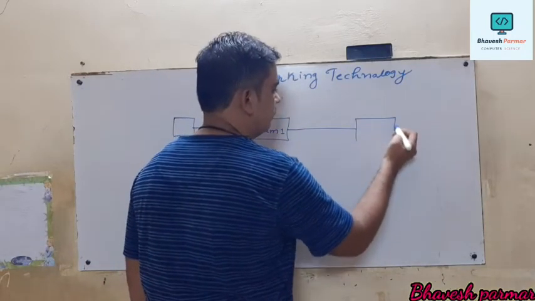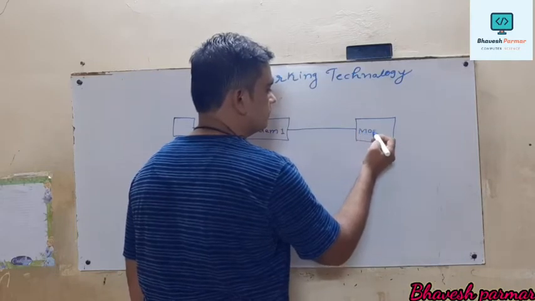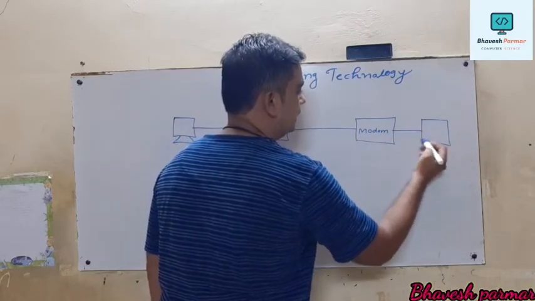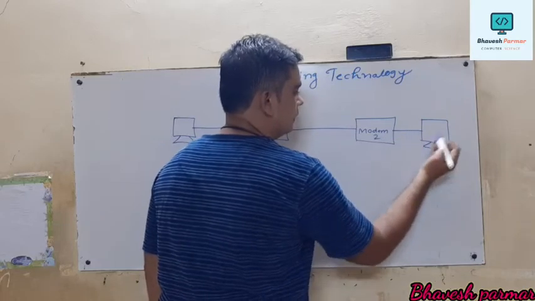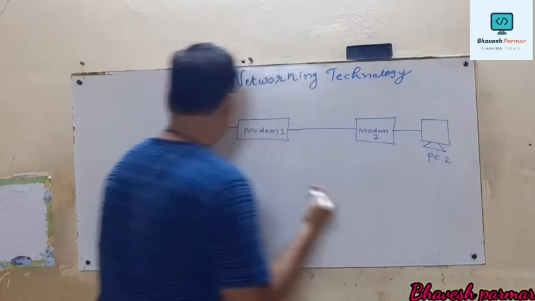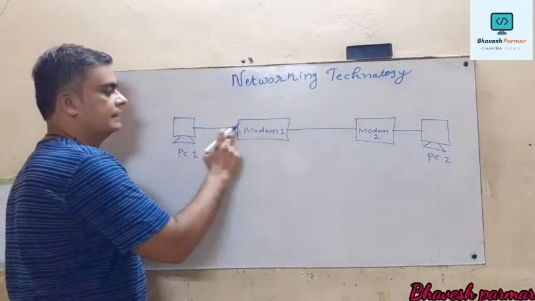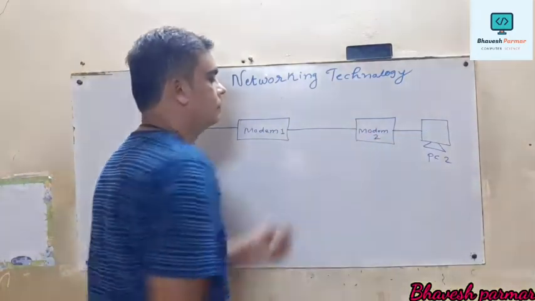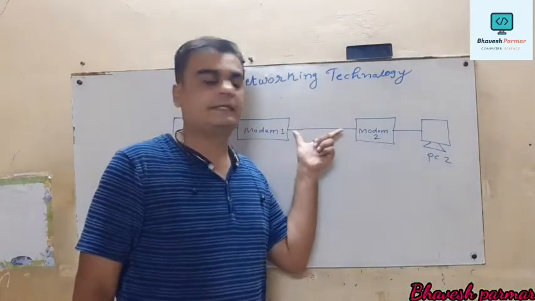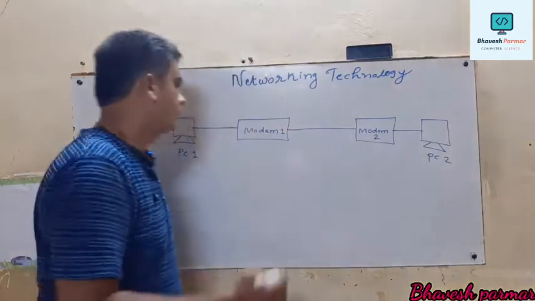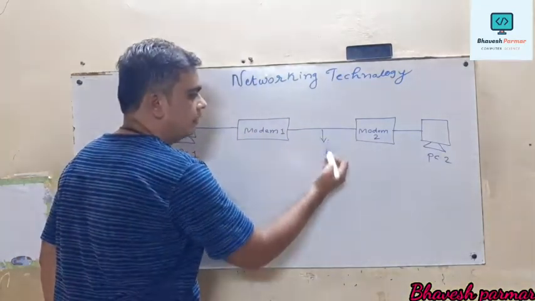This is my another modem, and this second modem is connected to PC number 2. So I am labeling here PC 1. So this is the cable that we use to connect between computers.